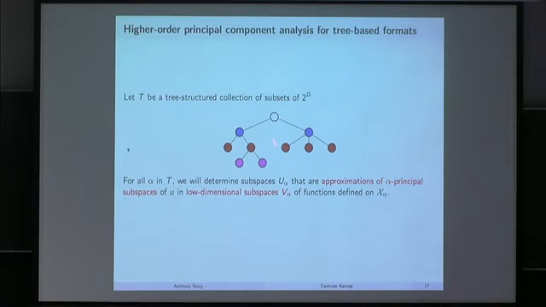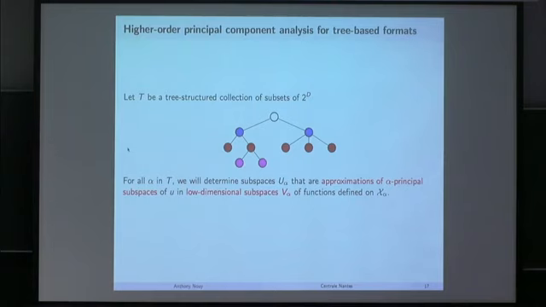So what we will do in practice is compute spaces U alpha associated with the different nodes that just approximate the alpha principal components of U. And in practice, it will be done by approximating these subspaces in subspaces of small dimension.